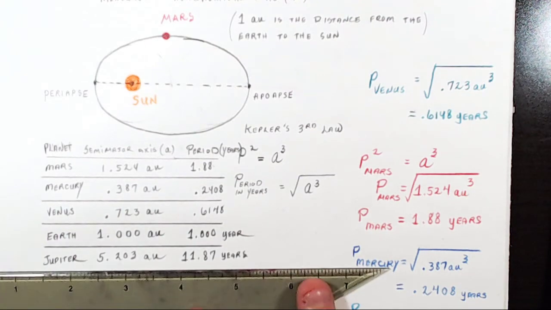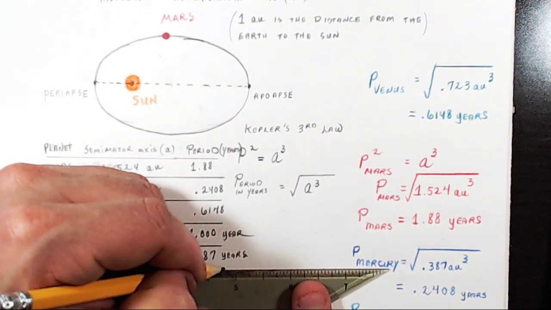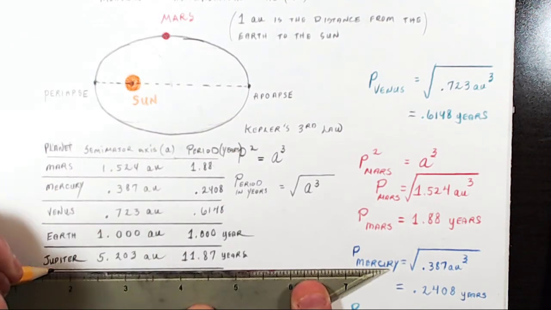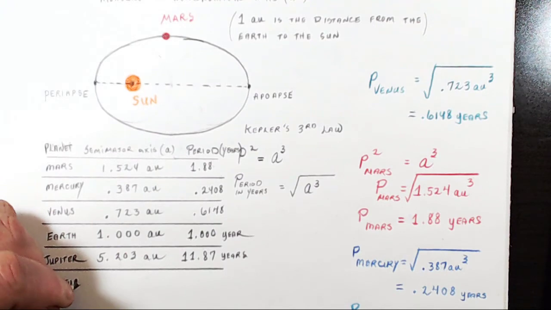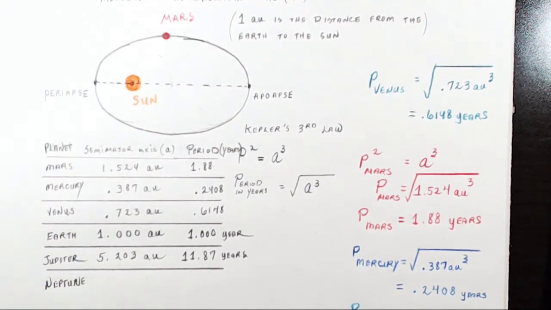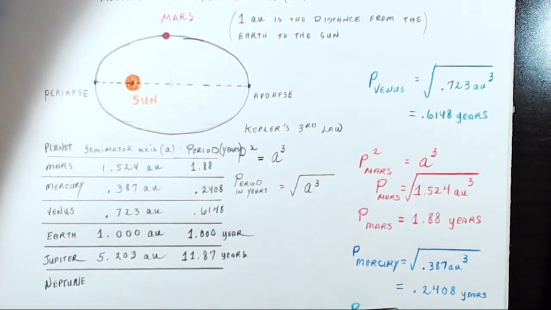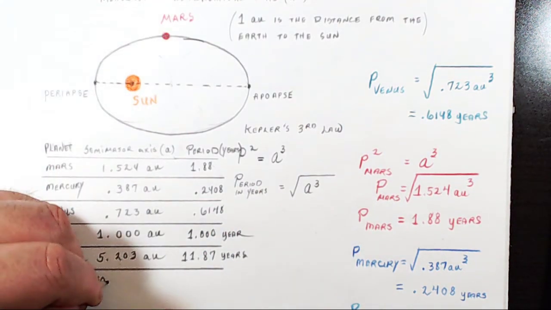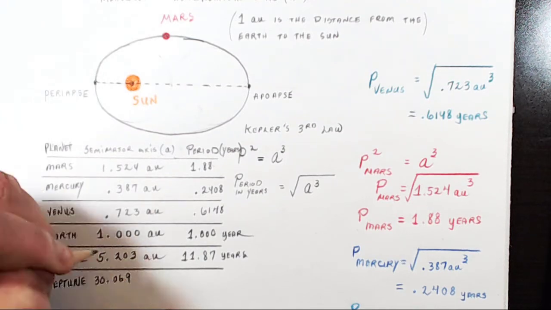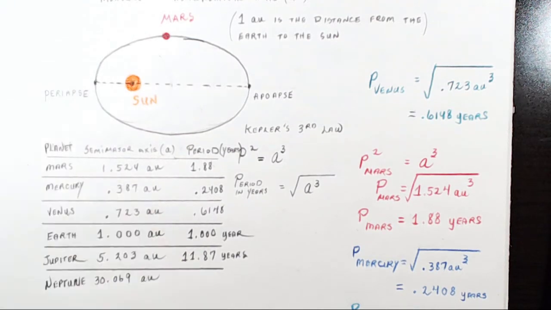So let's take it really far out, and let's look at Neptune. I'll leave the rest of them for you to calculate so I don't spoil all the fun. So the semi-major axis for Neptune is 30.069 astronomical units.